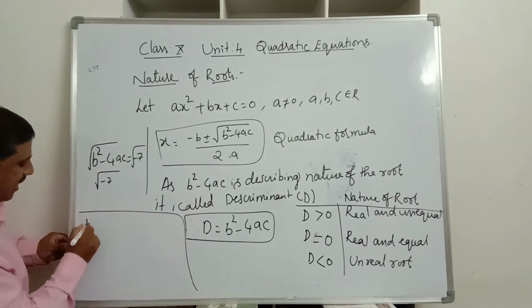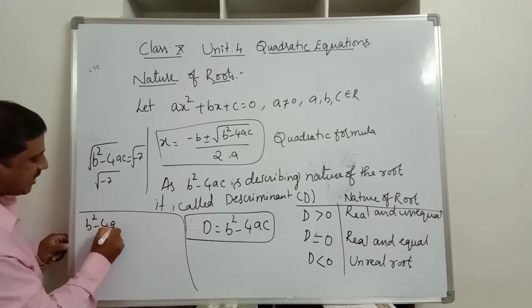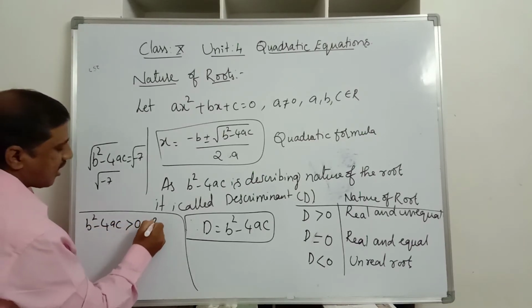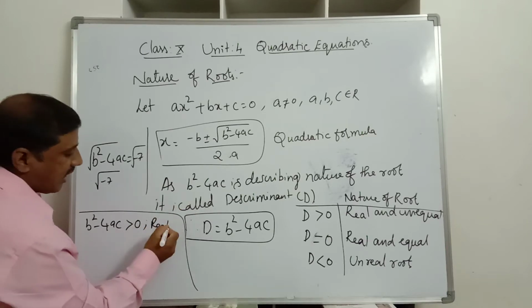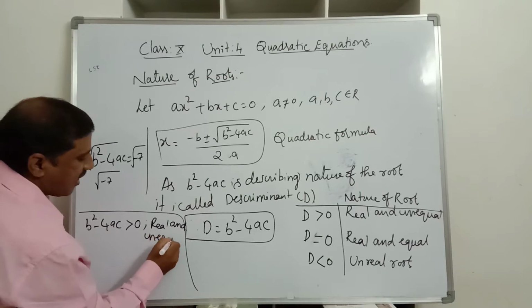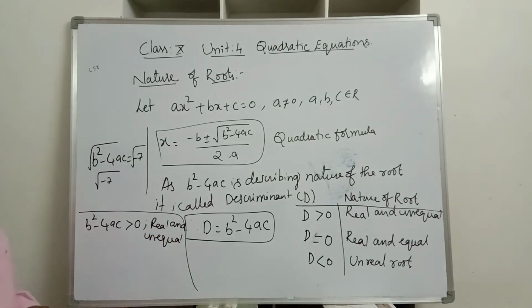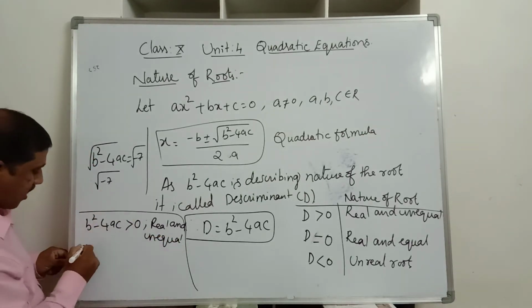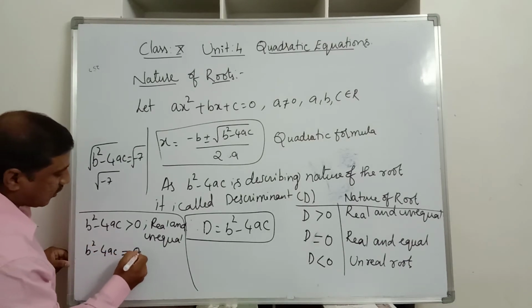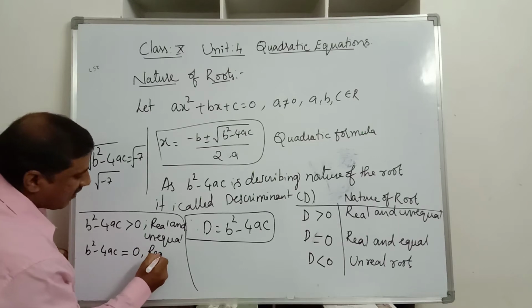We can write this in this form also. If b square minus 4ac is greater than 0, roots are real and unequal. If b square minus 4ac is equal to 0, roots are real and equal.